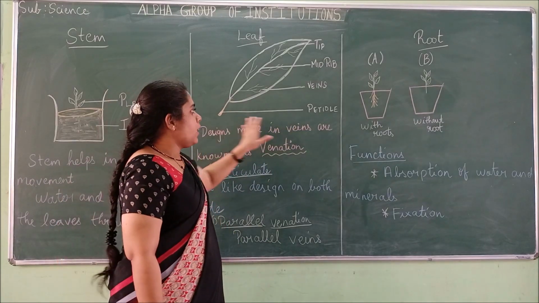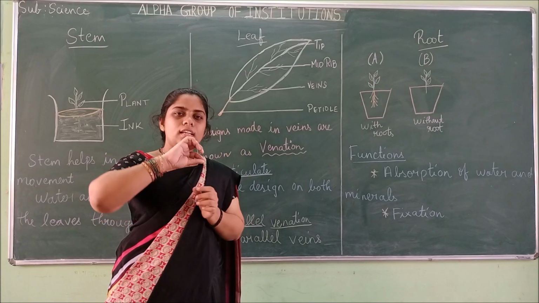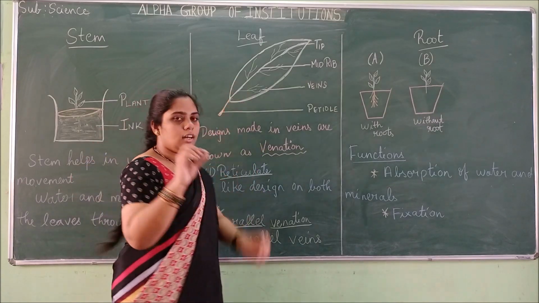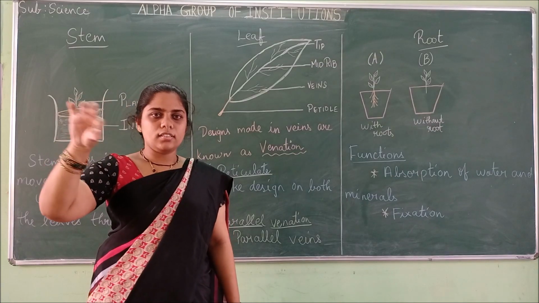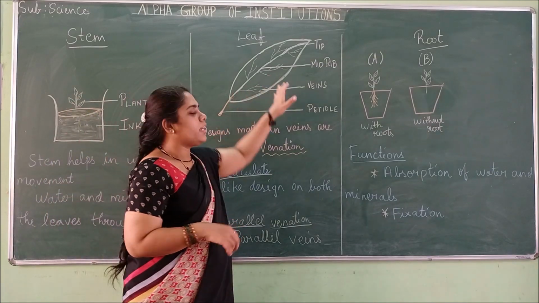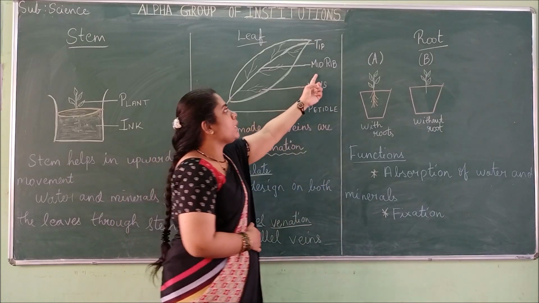In the center of the leaf you will find a thick stick-like structure, which is called the midrib.